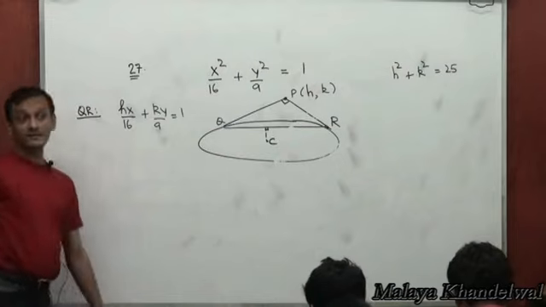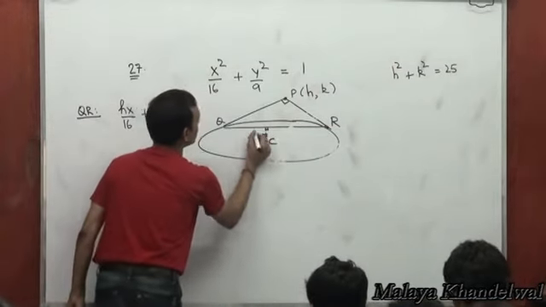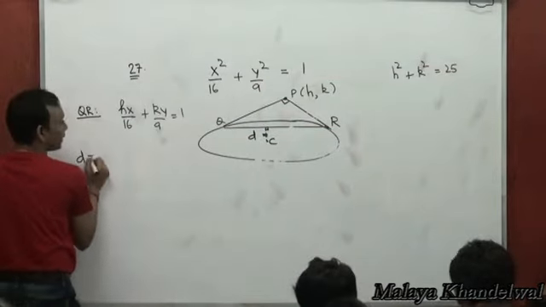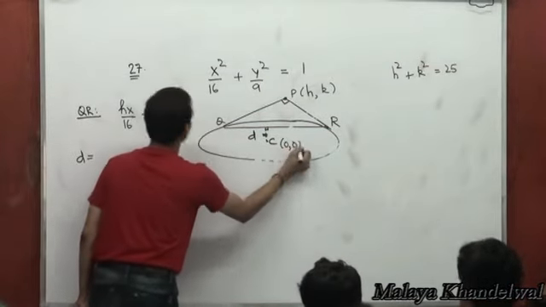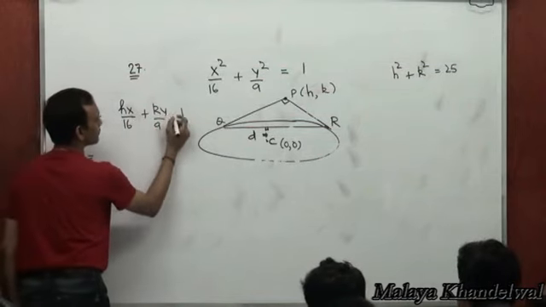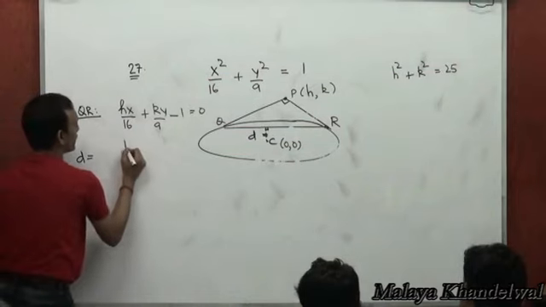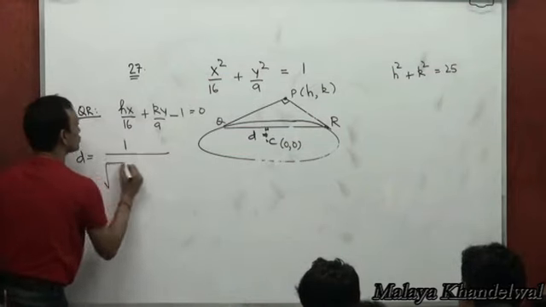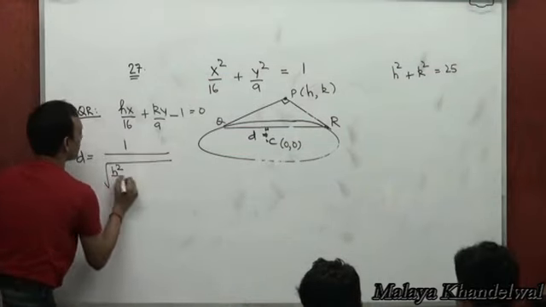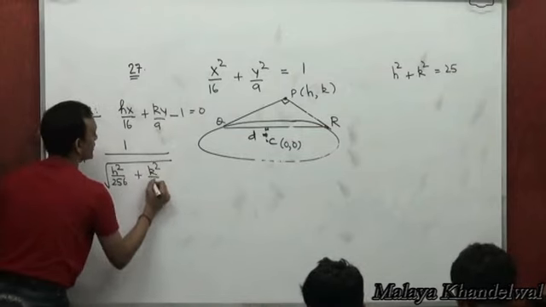These are the various QRs. And the distance d from the center to QR can be obtained when you plug in x equal to 0, y equal to 0, right? So then this would be 1 by root of h squared by 256 plus k squared by 81.